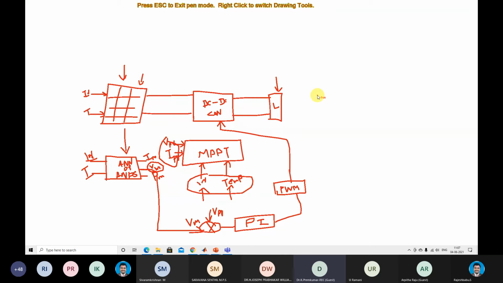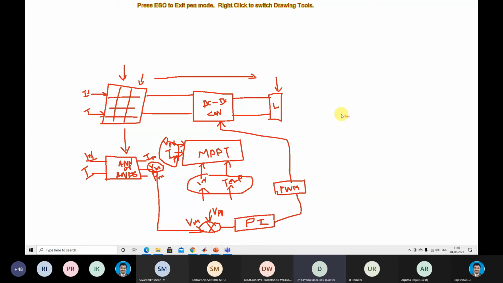The power rating is normally the same as the solar PV, because in MPPT we are going to match the source resistance with the load resistance. Then only we can transfer the maximum power from the source to the load, right? That means maximum power point. That is the maximum power transfer theorem, you know, from circuit theory, right?